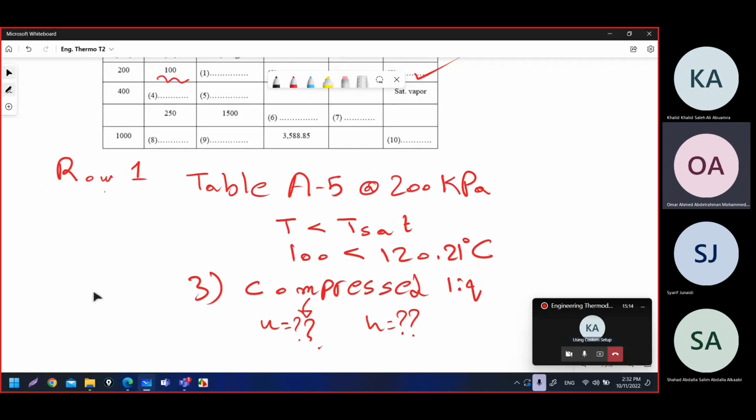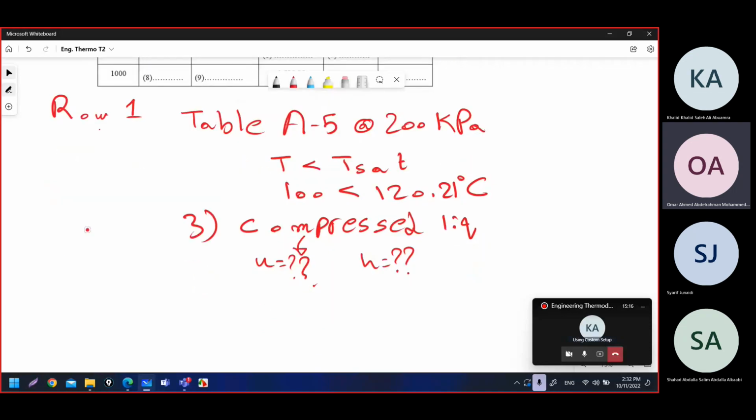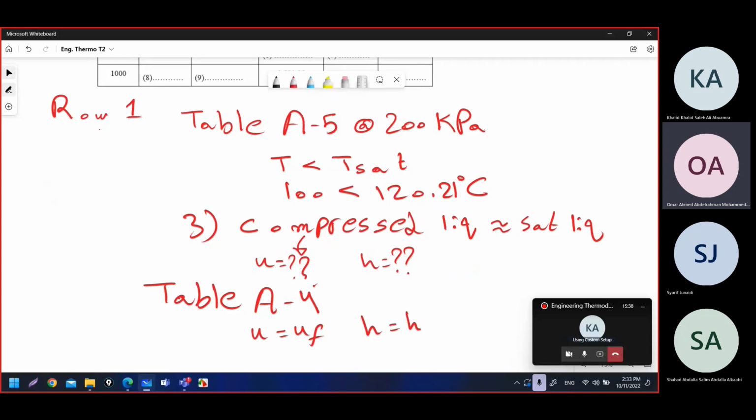I will approximate the compressed liquid to be a saturated liquid. So I will go to table A4, not table A5, and U will equal Uf, and h will equal hf.